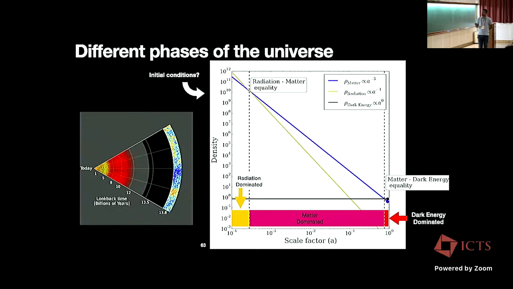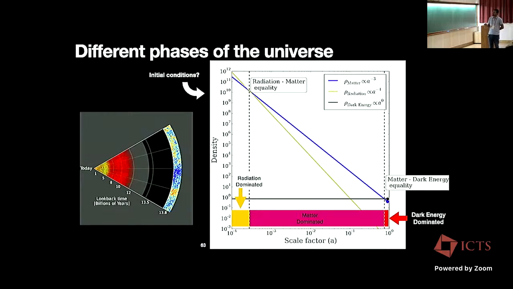And if you look at, based on our current measurements, how these things are going to be in terms of the initial condition and just propagate that, you're going to find that there's a radiation-matter equality era, where the radiation, which was initially the highest density component of the universe, is going to be equal to the matter, and then it's going to be subdominant because it goes as a to the minus 4. And some interesting physics happens at this era related to CMB, which we'll look at in much more detail.